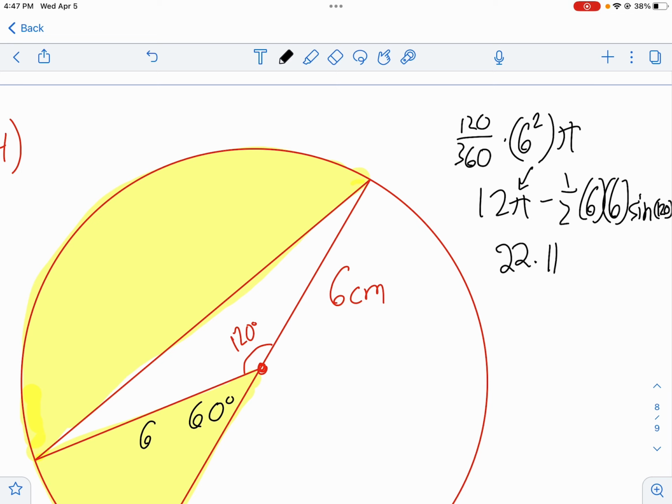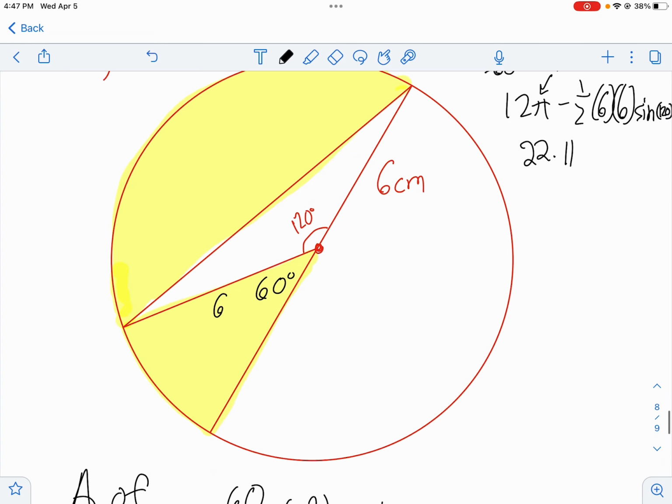Okay. And then 1/2 times 36 times sine of 120. I've got to try that again. It's 1/2 bc sine A. Good. So I would take 12 pi, and I would subtract from that the 15 number. Gives me 22. Let's check our math down here.